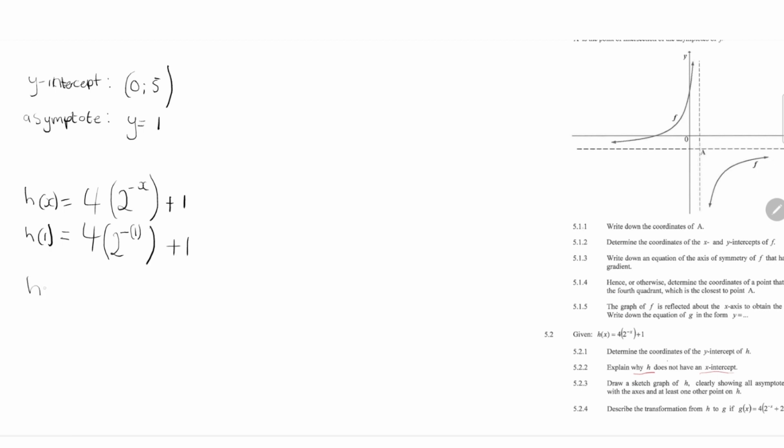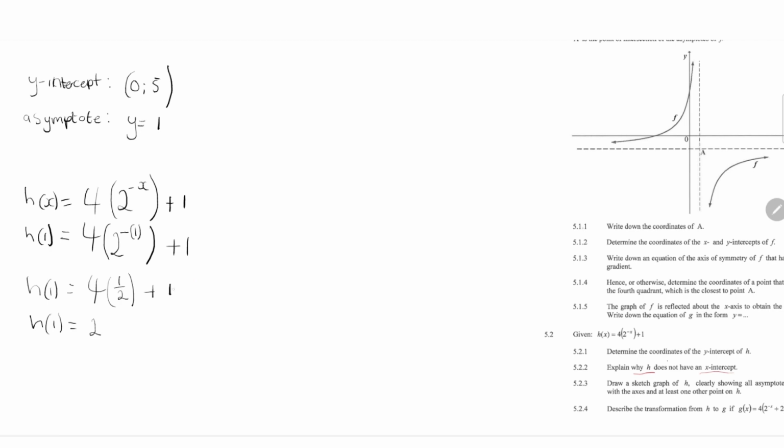So h of 1 will be equal to 4 multiplied by 2 to the power minus 1, that is 1 over 2. Close bracket, plus 1. So h of 1 will be equal to 4 multiplied by a half, that is a 2.